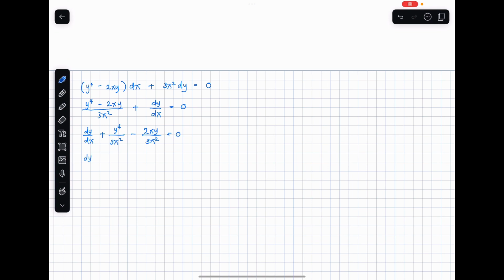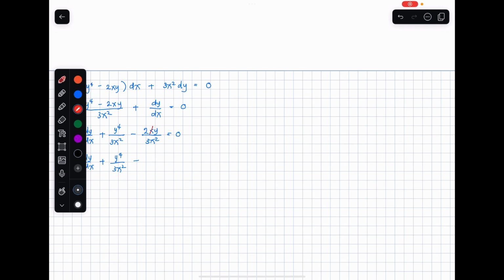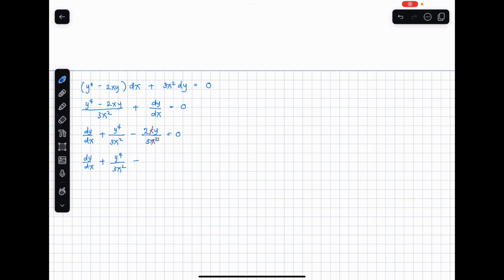So dy over dx plus y to the fourth over 3x squared, and then this one will become minus, x will be cancelled out but we still have 1 there, so that leads us to 2y all over 3x equal to 0.